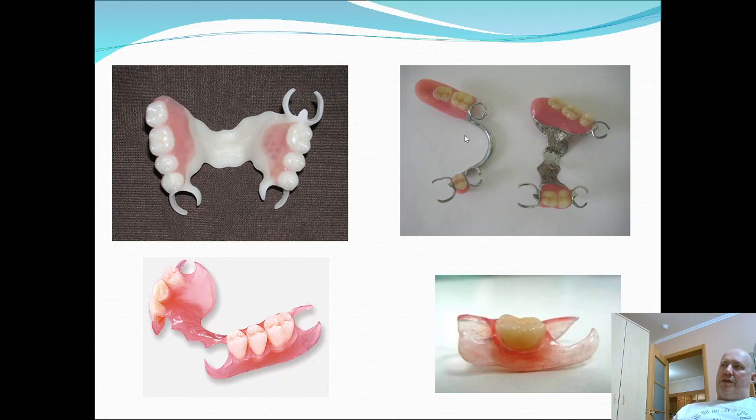Here's also semi-physiological prostheses, but this element in acetal is not as hard as this fixing element, which spreads your patient's chewing pressure from the gingiva to the remaining teeth. It's not as hard as this one.